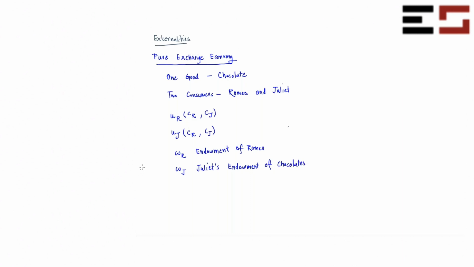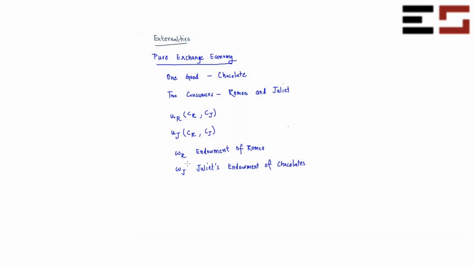Is that clear? So this completes the description of the model. We have this pure exchange economy, one good, two consumers, their preferences, and their endowment.